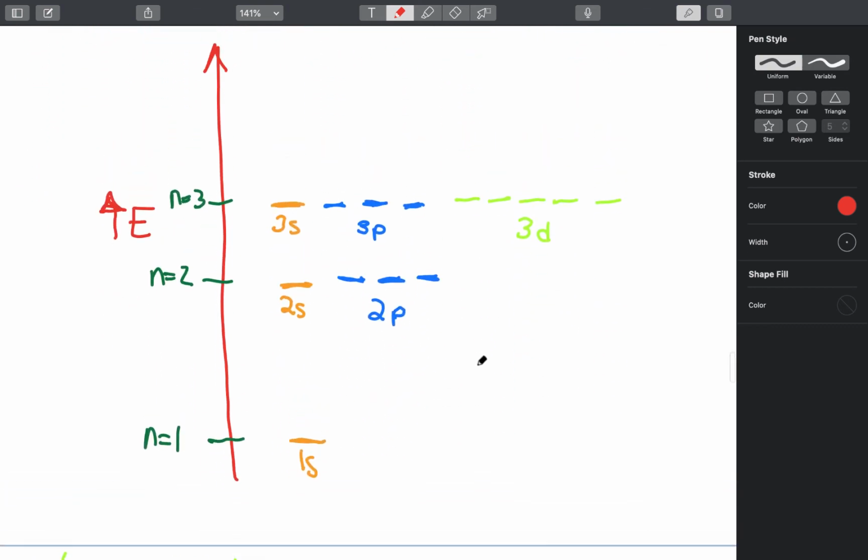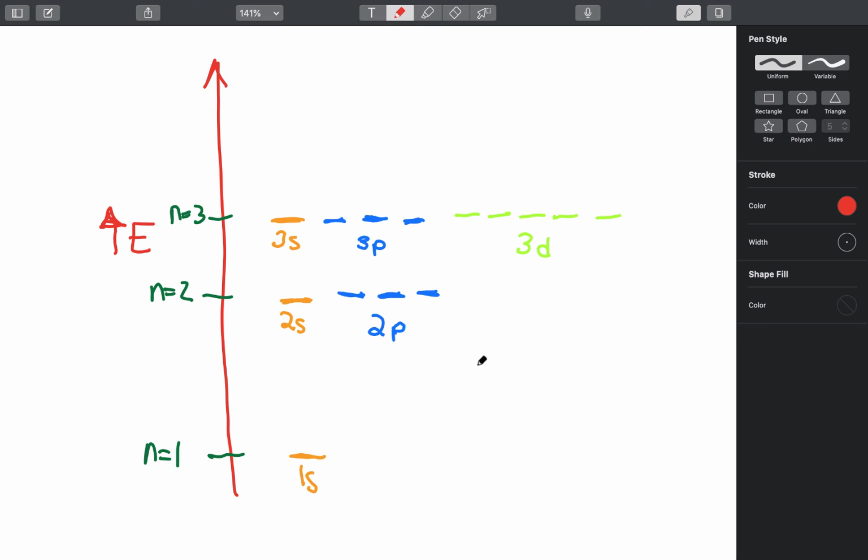So let's talk about the hydrogen atom. So here is a figure showing the particular energy levels associated with the hydrogen atom. So the first thing that you should note is the separation of the different energy levels. And this should correspond to what we learned in one of our last videos when we talked about the separation of energy levels and the line spectra.